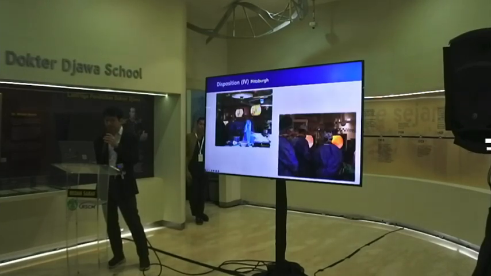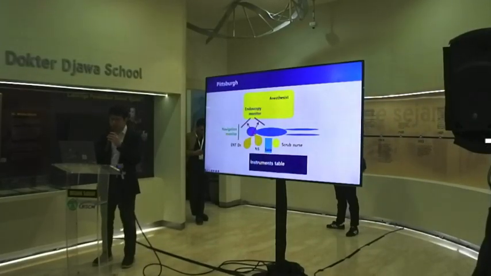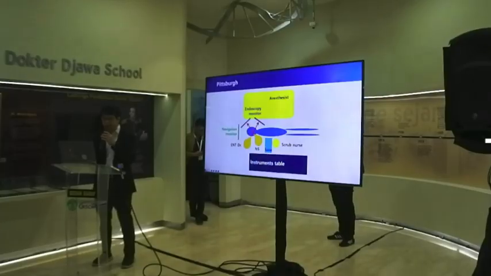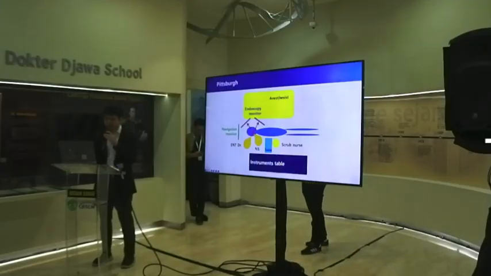And this is the surgical field in Pittsburgh. In Pittsburgh, the neurosurgeon sits on the right side of the patient's hand, and the assistant sits on the left side of the neurosurgeon.